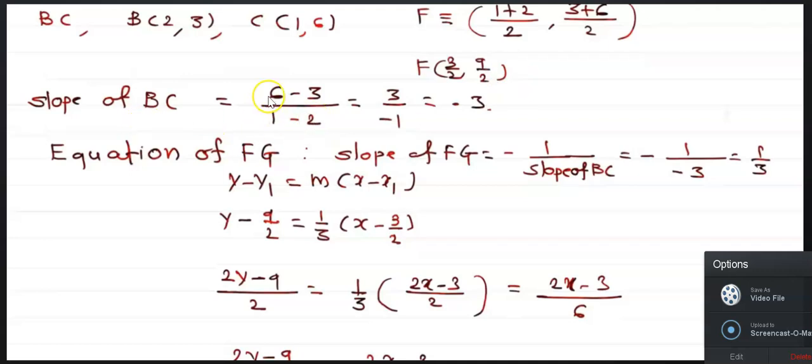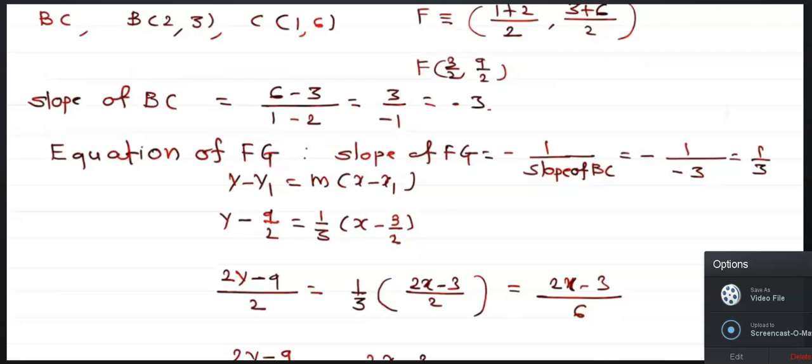Slope of BC, 6 minus 3 upon 1 minus 2, that is equals to 3 upon minus 1, which is minus 3. Equation of FG, the minus and reciprocal, that is equals to 1 upon 3. And the equation of FG is y minus y1 is equals to m in bracket x minus x1.